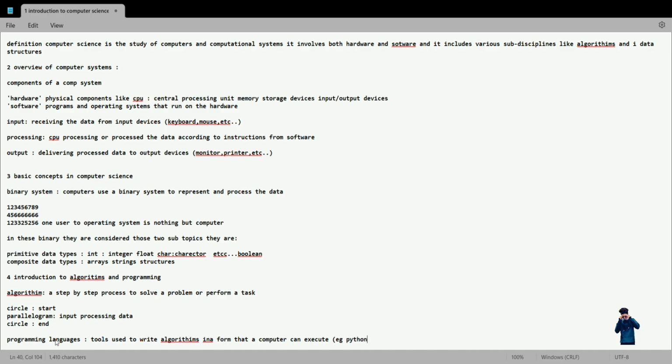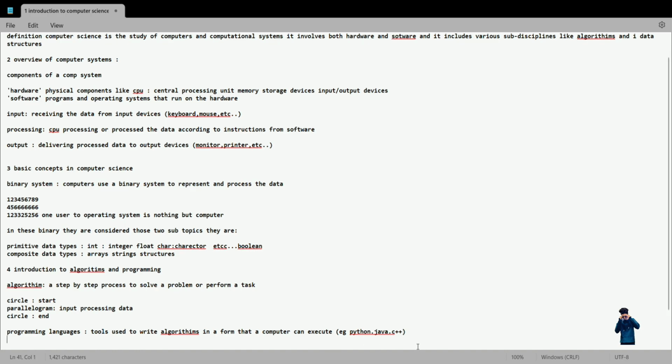Examples: Python, Java, C plus plus. So these are tools used to write algorithms in a form that a computer can execute by way of giving input in these languages.